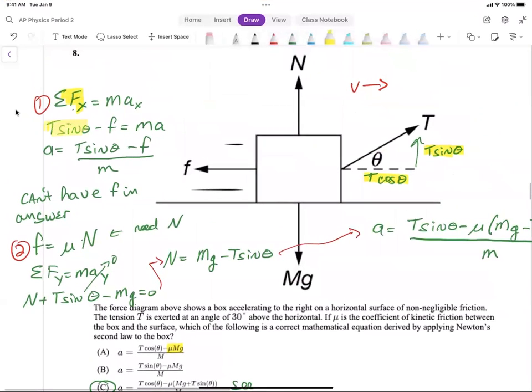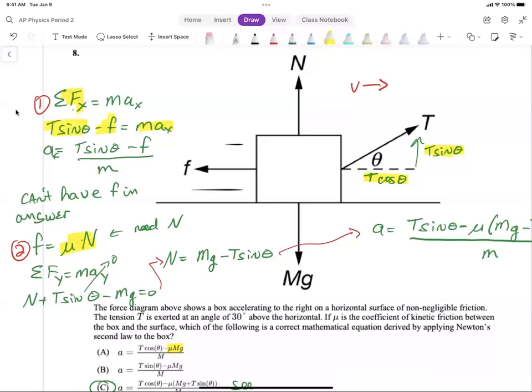So positive force minus the negative force equals mass times acceleration. This is in the x direction. So acceleration in the x direction is equal to T sine theta minus f over m. Can't have f in my answer, got to find f. Okay, well, what's the definition of f? Well, it's friction. Kinetic friction equals mu sub k times, I use the symbols that they gave us, although I don't like it, N.